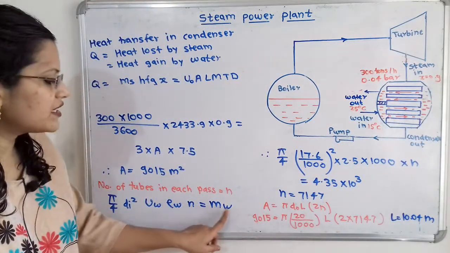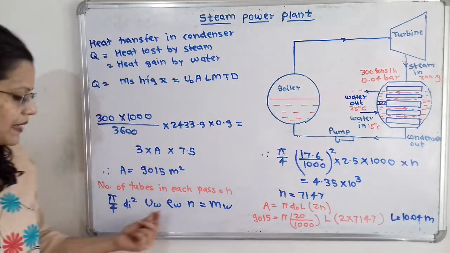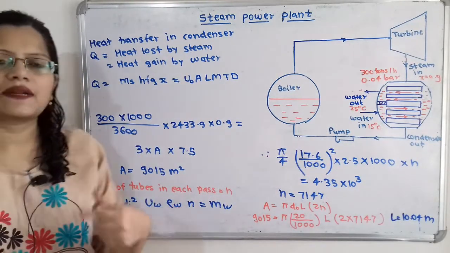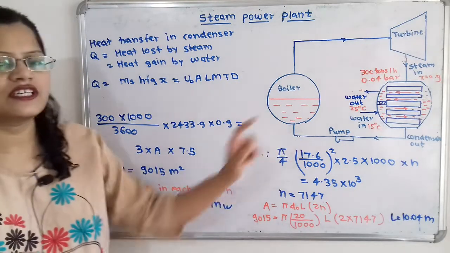How can we define this m_w? We take this area multiplied by the velocity of water, multiplied by the density of water, multiplied by the number of tubes in each pass.